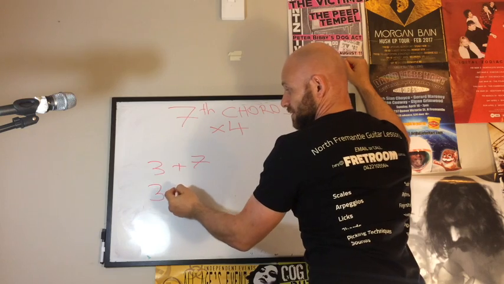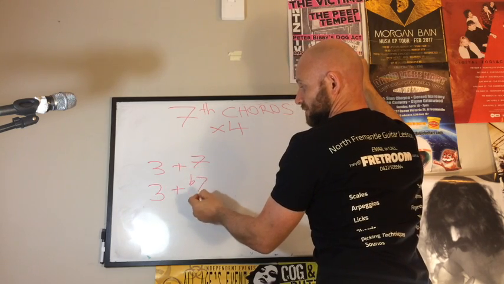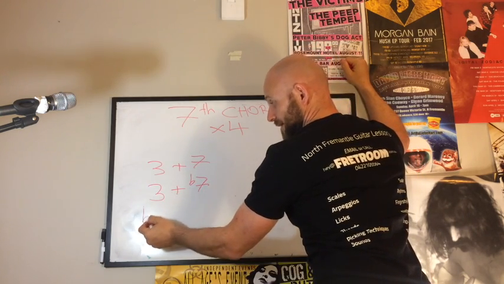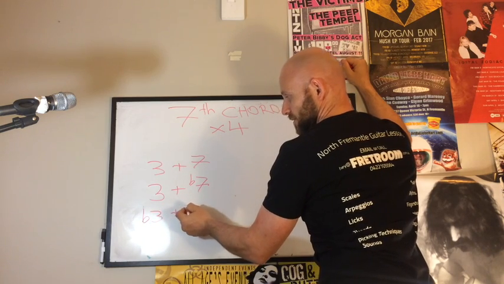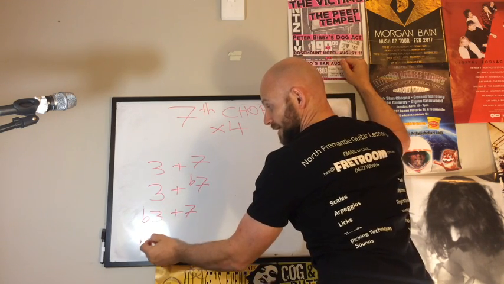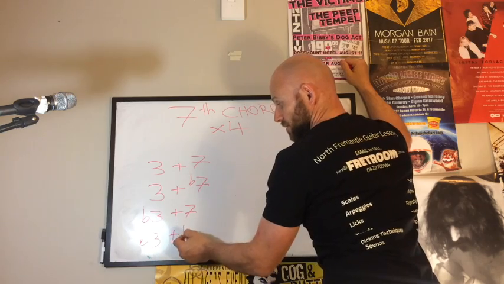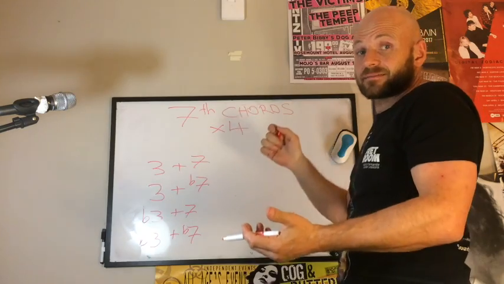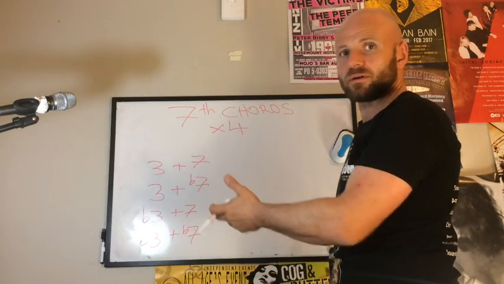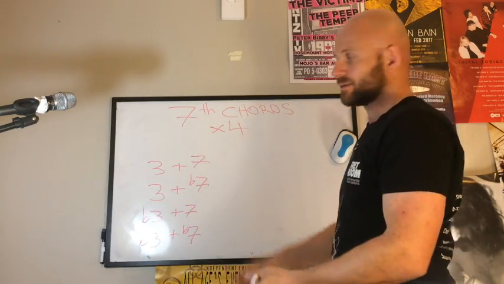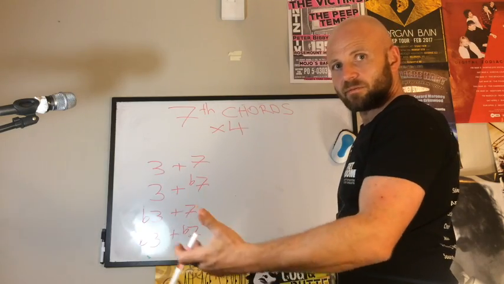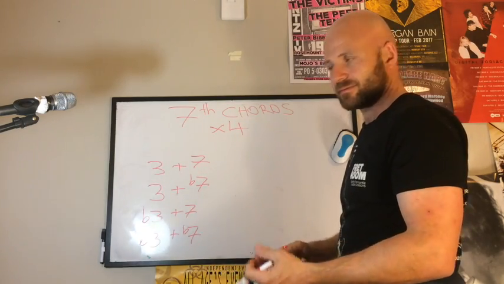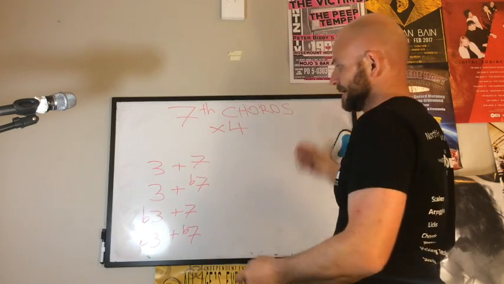You can have a 3 with a flat 7. You can have a flat 3 with a 7. You can have a flat 3 with a flat 7. So there's your 4 possibilities. That's it. You can't do any more. Mathematically, you're done. Unless you introduce more variables, maybe muck around with the 5th, then it just goes crazy.